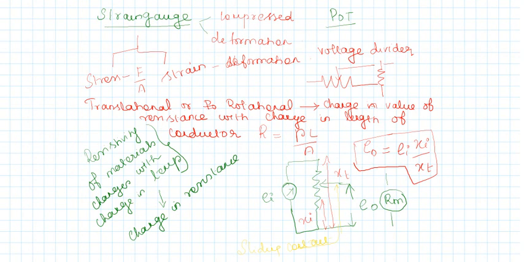This is how they are measuring. Moreover, the motion of the wiper and sliding contact can be translational or rotational, depending on the sliding contact movement. If the sliding contact movement is linear, we call it translational motion.